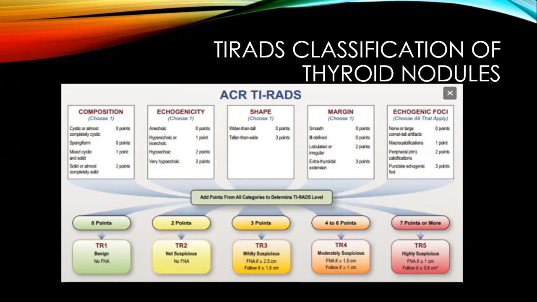So fine needle aspiration is now done on a lesion that is greater than or equal to 1.5, and we follow lesions that are less than 1 centimeter. And if we have 7 points or more, it is highly suspicious. So we do fine needle aspiration on 1 centimeter, and we follow up on lesions which are less than or equal to 0.5 centimeters.